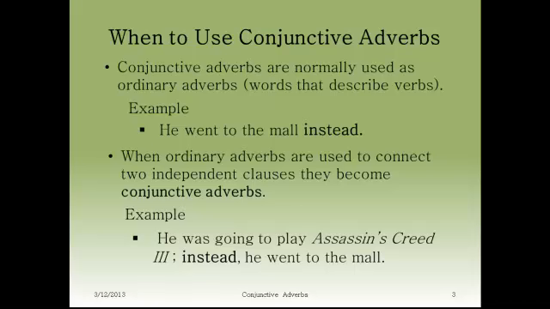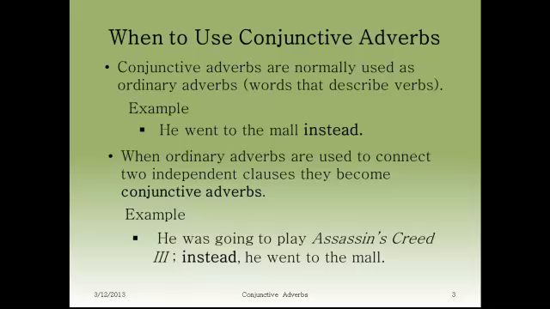When we take ordinary adverbs and use them to connect two independent clauses, they become conjunctive adverbs. In this example, he was going to play Assassin's Creed 3; instead, he went to the mall. He was going to play Assassin's Creed 3 is our first independent clause. He went to the mall is our second independent clause.